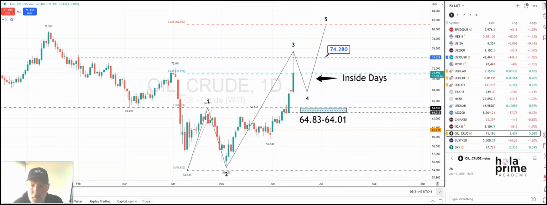So at the moment the daily support is located between $64.83 and $64.01. Okay, and we can see that's quite a long way away from the current price action. So what normally will happen is we'll see a period of consolidation, and these support levels will move to the upside.